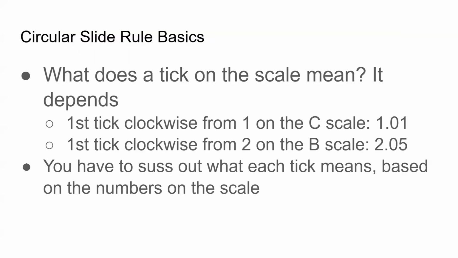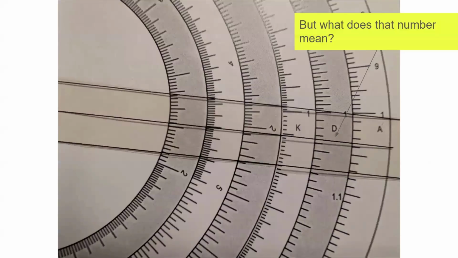So let's see what we mean here on the previous slide. If 1 is on the D scale here and 1.1, then each of these is an increment between 1 and 1.1, and there's 10 of them, or 9 of them. So these are hundredths.